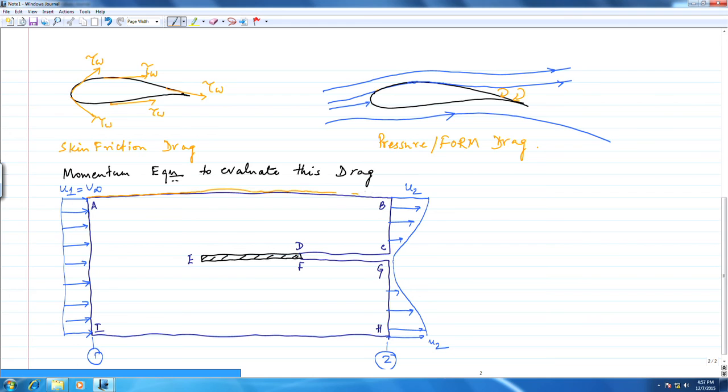Similarly at the bottom, these boundaries are just inside the streamline. So therefore this is a streamline, far from the body, where it's basically free stream pressure. Okay, so we'll stop here and continue with this in the next module. Okay, thank you.